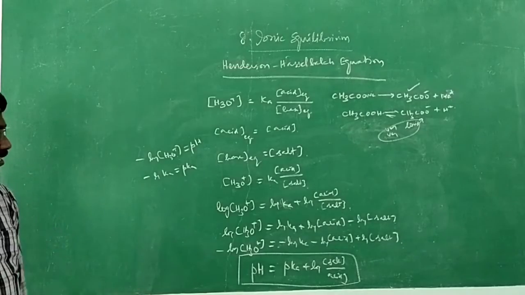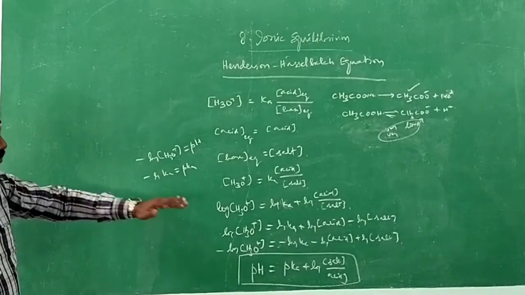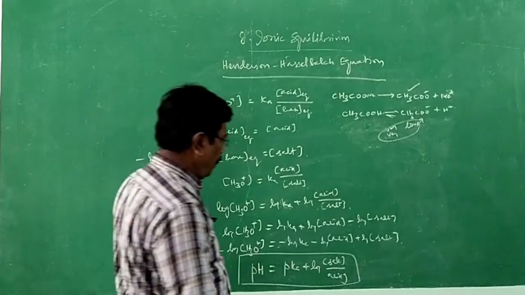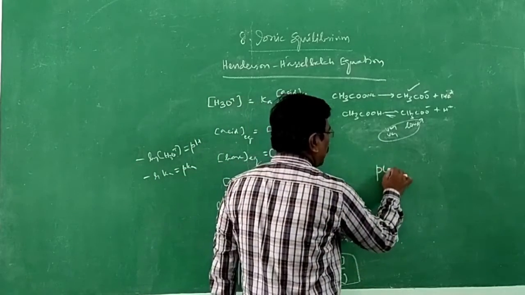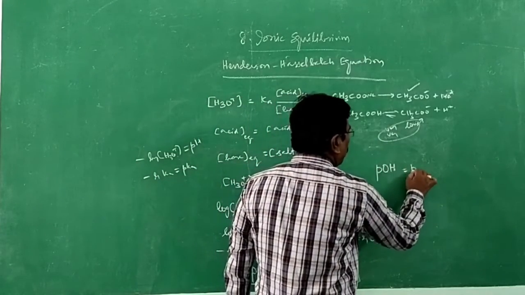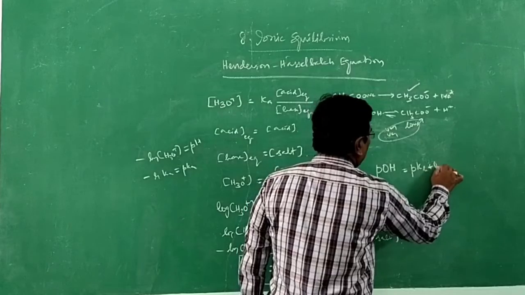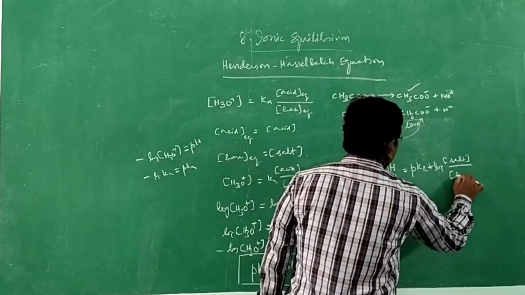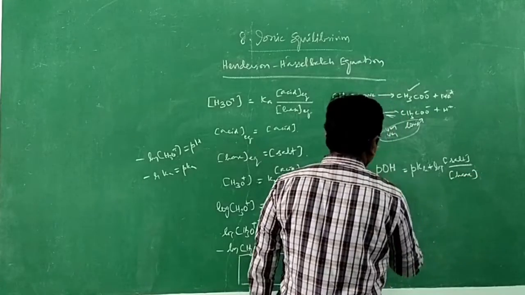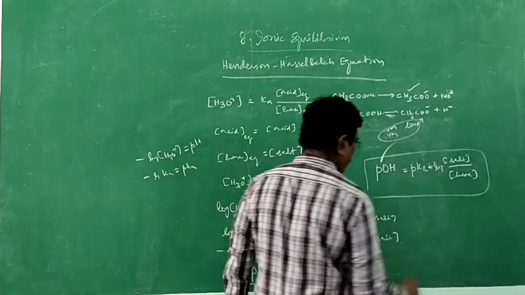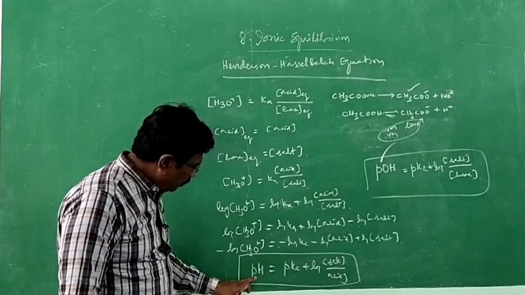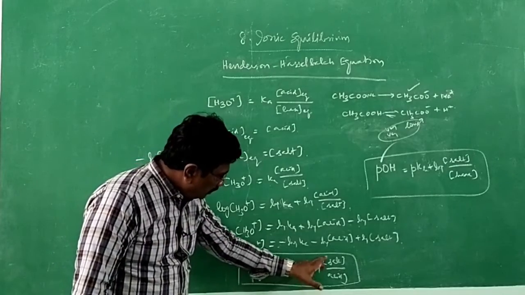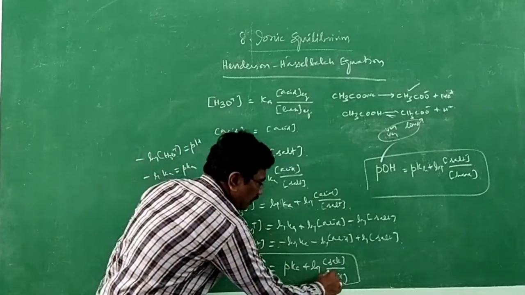So, this is for the pH of an acid buffer. For a basic buffer, it is not pH, it is pOH. pOH is equal to pKb plus log salt by base, that is, molar concentration of salt by molar concentration of base. Remember, it is pOH.